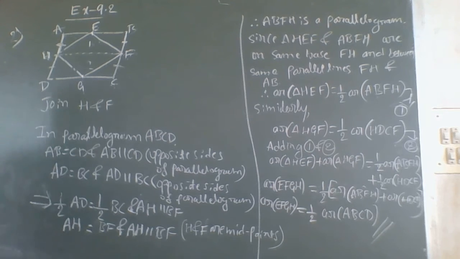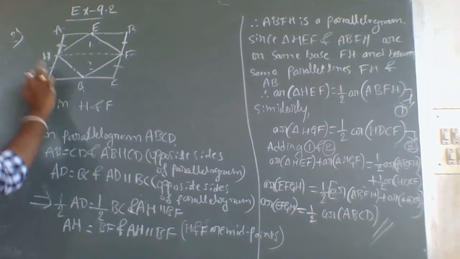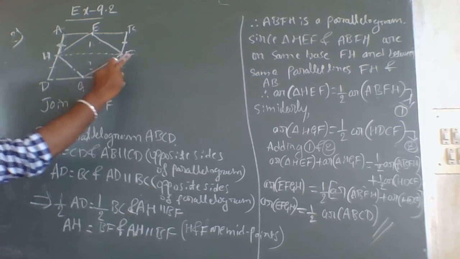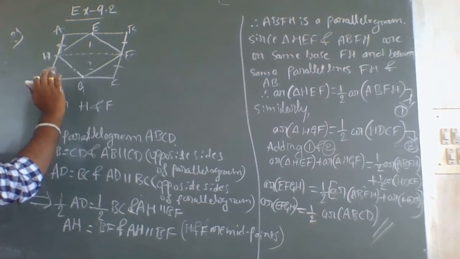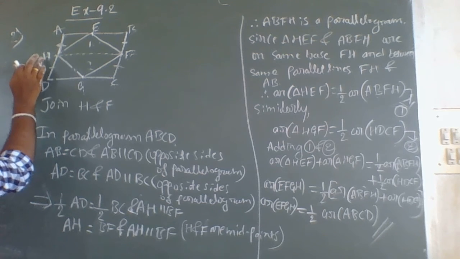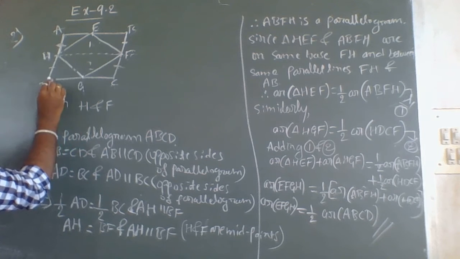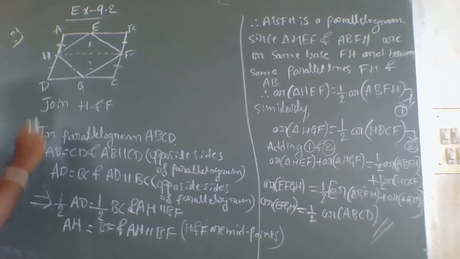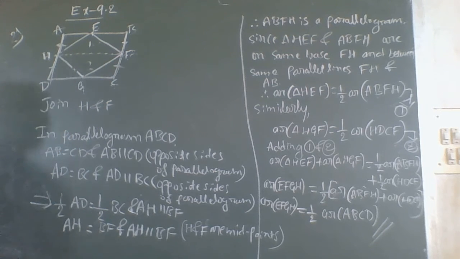See here again, what we did. We are given one parallelogram ABCD, and E, F, G, H are the midpoints of its sides. So we joined HF. In parallelogram ABCD, we know that the sides AB and CD are equal and parallel to each other. Like that only, AD and BC are equal and parallel.